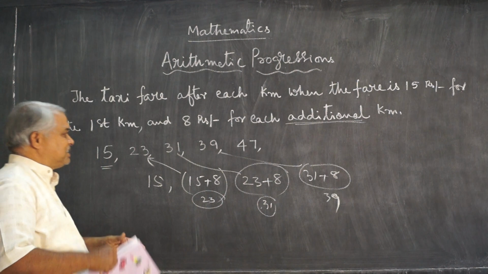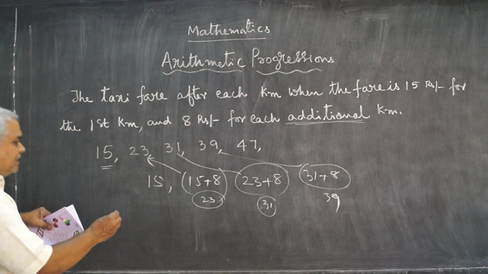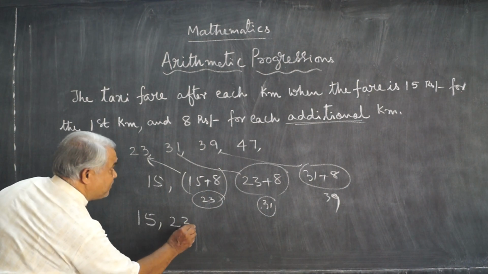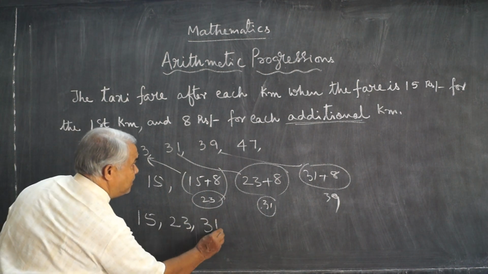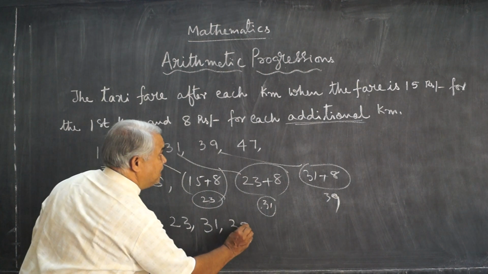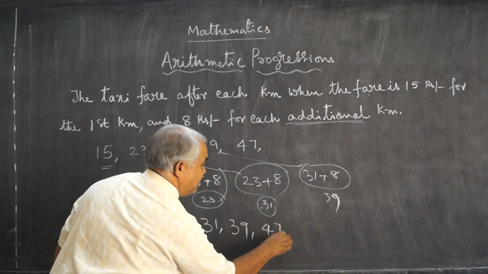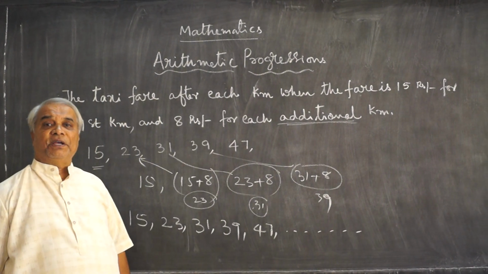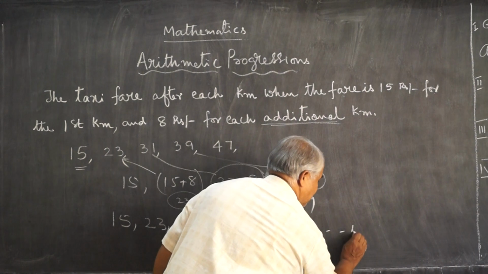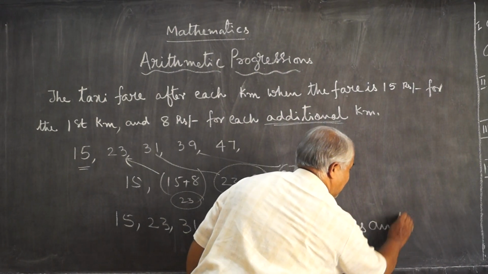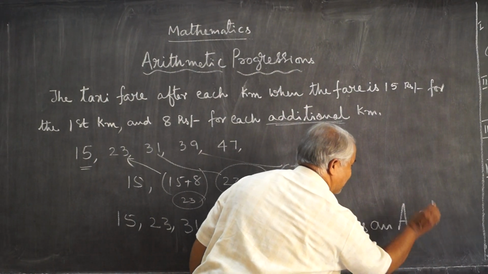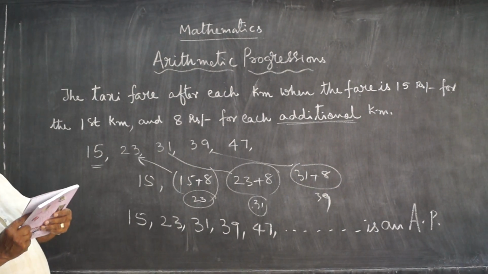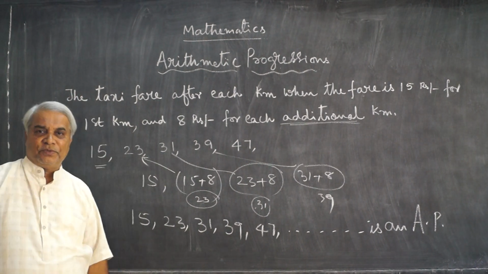Hence this sequence, 15, 23, 31, 39, 47, etc., is an arithmetic progression. So in this way you can find such problems, like the auto problem.